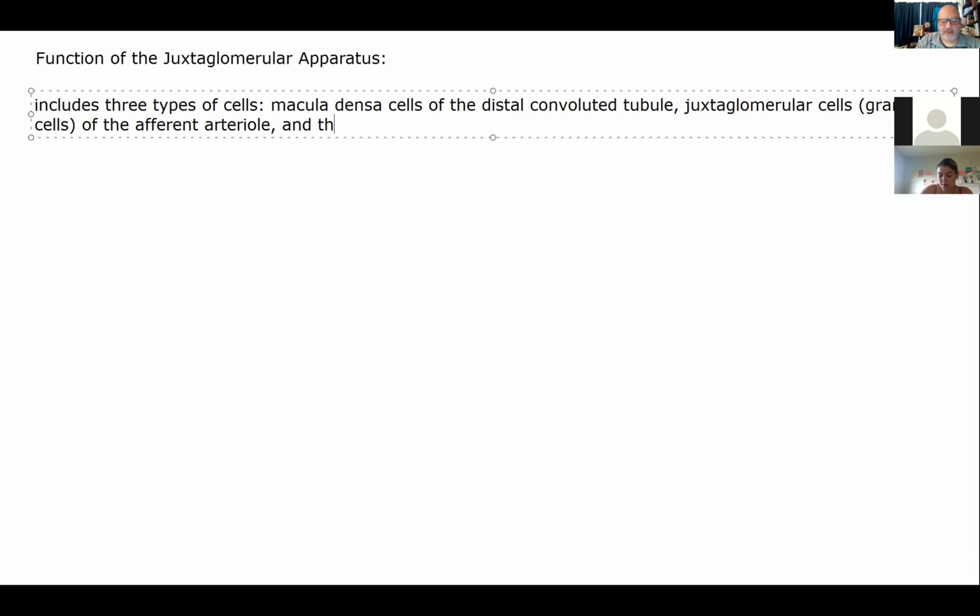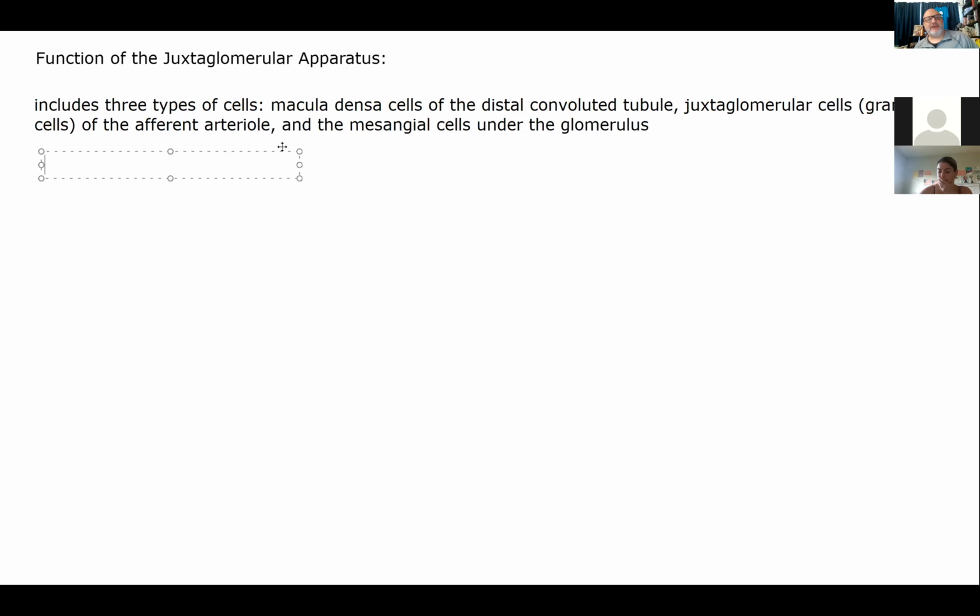And the mesangial cells that are, they're not in the glomerulus, but let's say under, right, kind of embedded between the loops of the glomerulus. Now, our myogenic intrinsic mechanism that we talked about was all about regulating pressure.